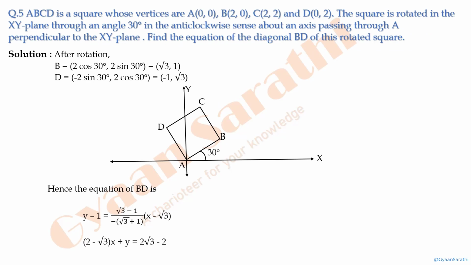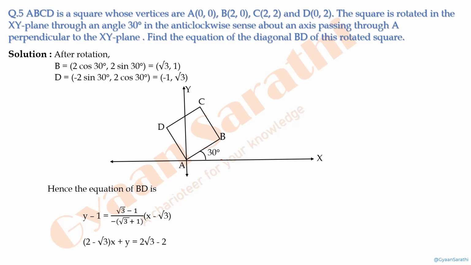So this is the figure when the square has been rotated. The square is rotated in the xy plane through an angle of 30 degree in the anti-clockwise sense about an axis passing through A. So you can imagine that the axis is at A, and initially the point B was here.